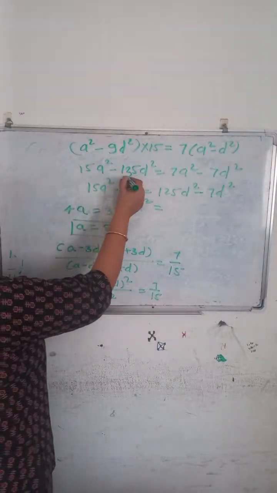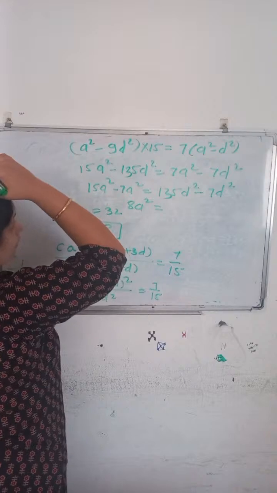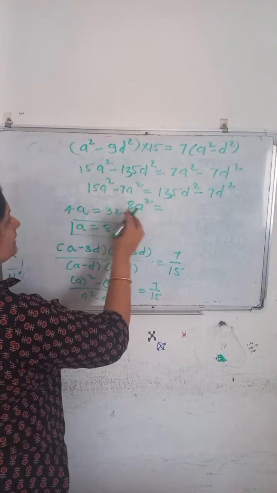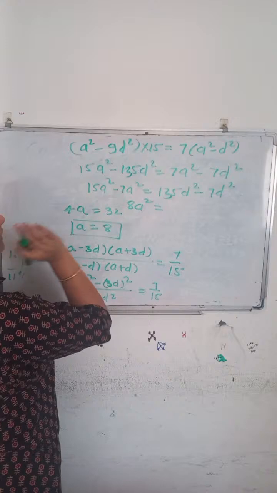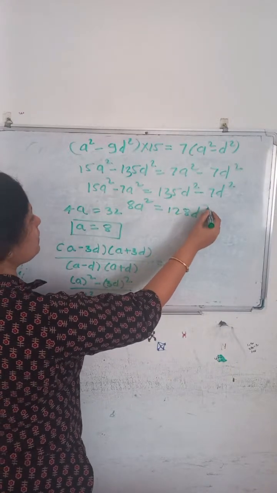Do that correction, I made a mistake here. That's why I got the wrong answer. Okay, this is 8a square. Now 135 minus 7, 128 d square.